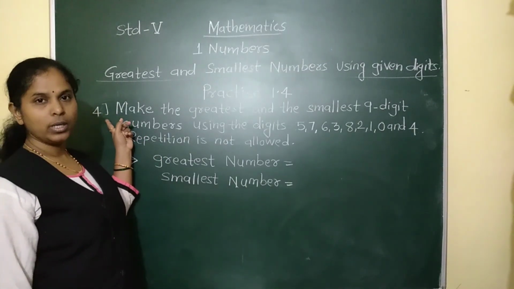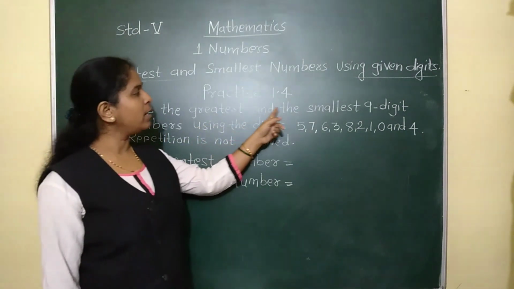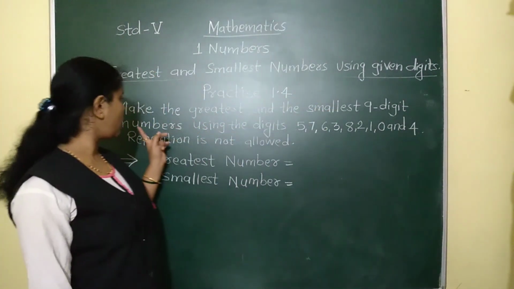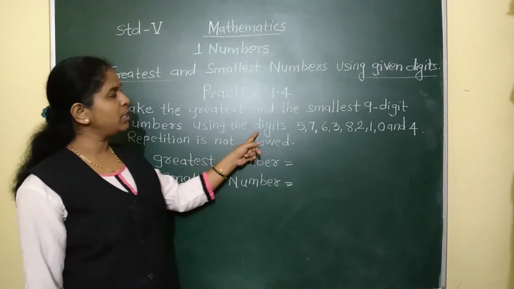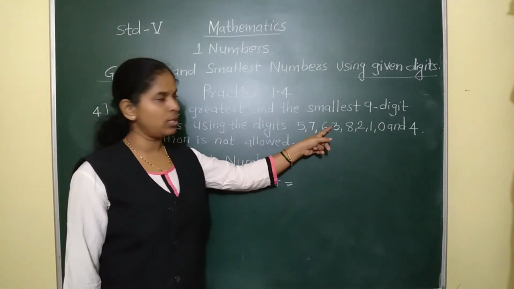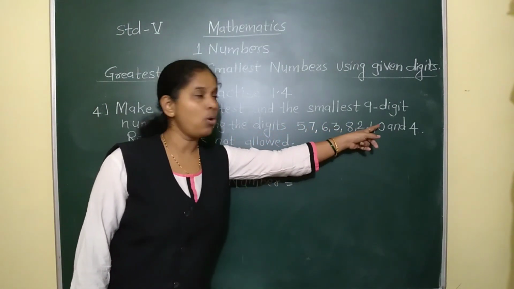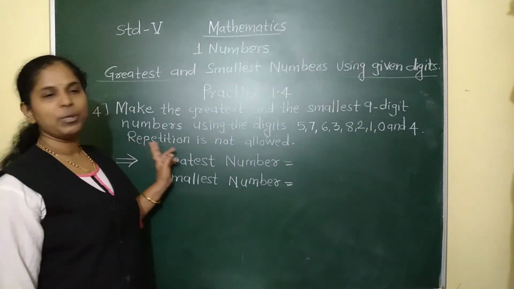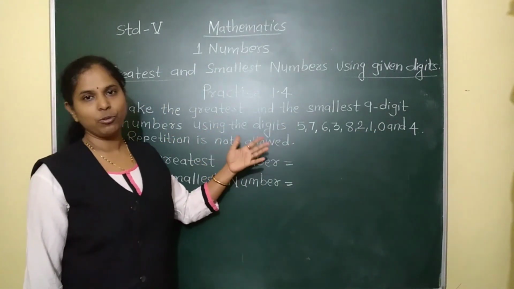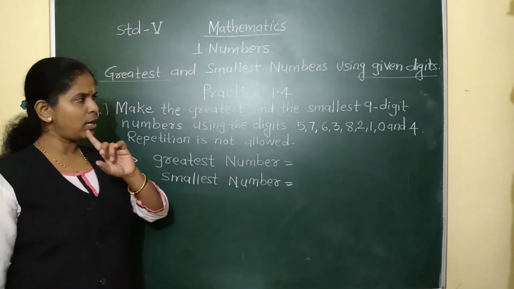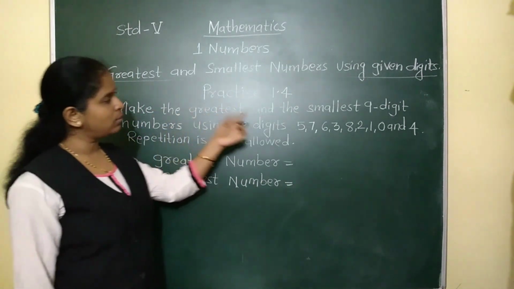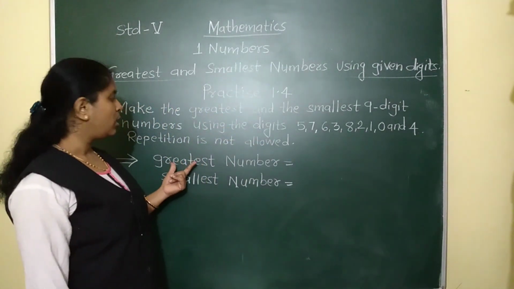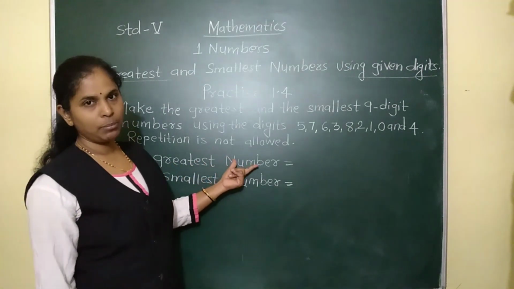Question number 4. Make the greatest and the smallest 9-digit numbers using the digits 5, 7, 6, 3, 8, 2, 1, 0 and 4. And repetition is not allowed, means we don't have to repeat the digits. One time only we have to take the digit in the number. So first we will write the greatest number.